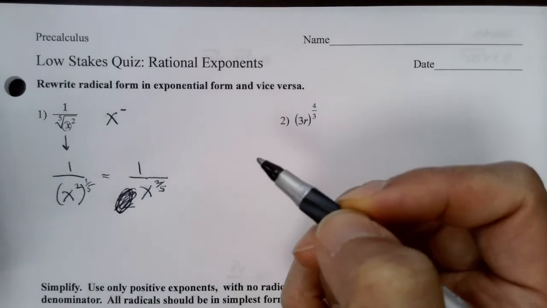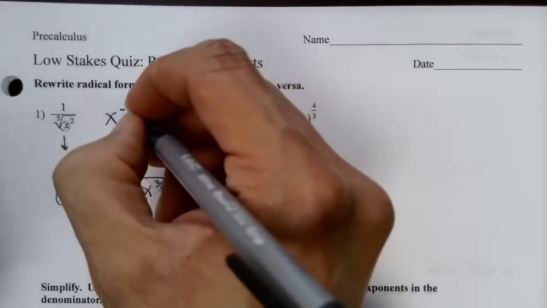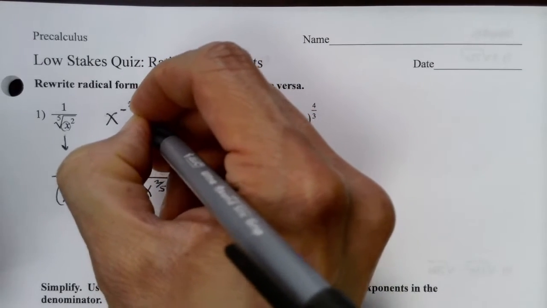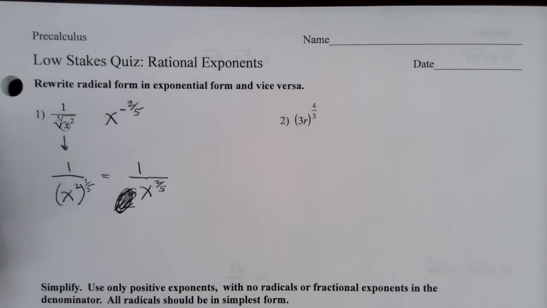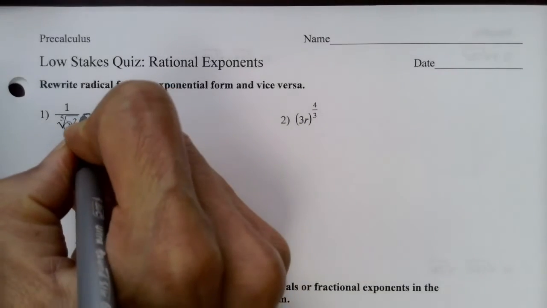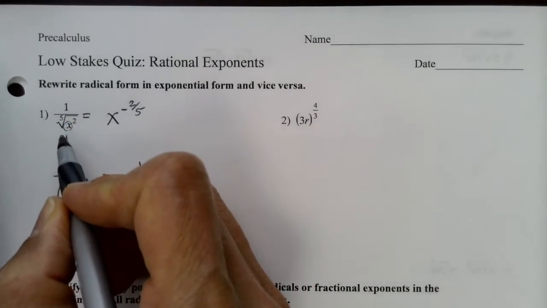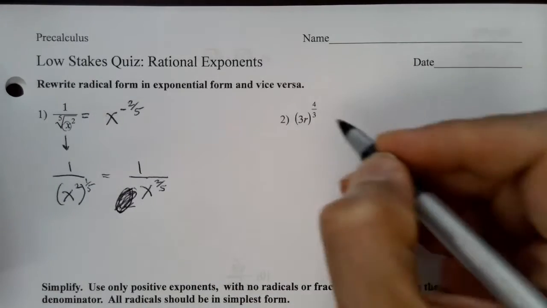Alright, so x to the 2/5 power is in the denominator, and I can rewrite that as x to the negative 2/5 power if I want to capture all of that in an exponent. So I've turned my radical form into exponential form.